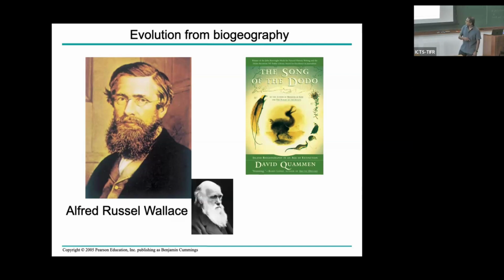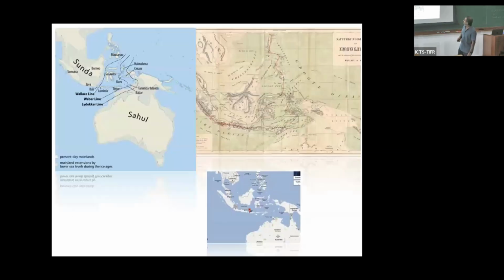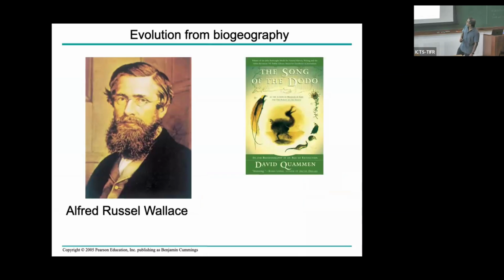But a quick summary is that, yes, of course, he was a contemporary of Darwin. There's a really interesting story. Well, I seem to have missed a slide, but I'll tell you what it is. At that time, people used to go to unknown areas to document diversity, document different species.